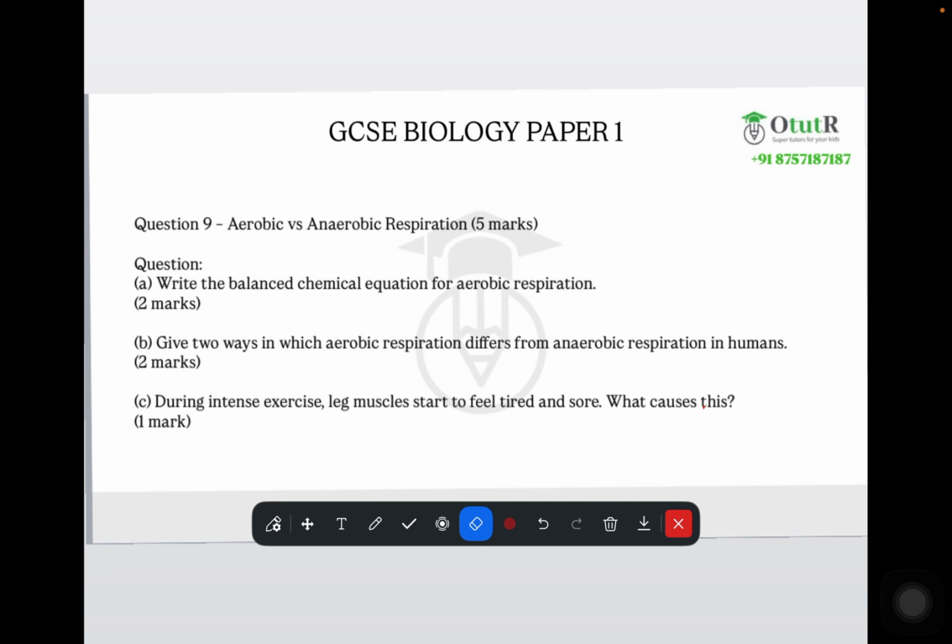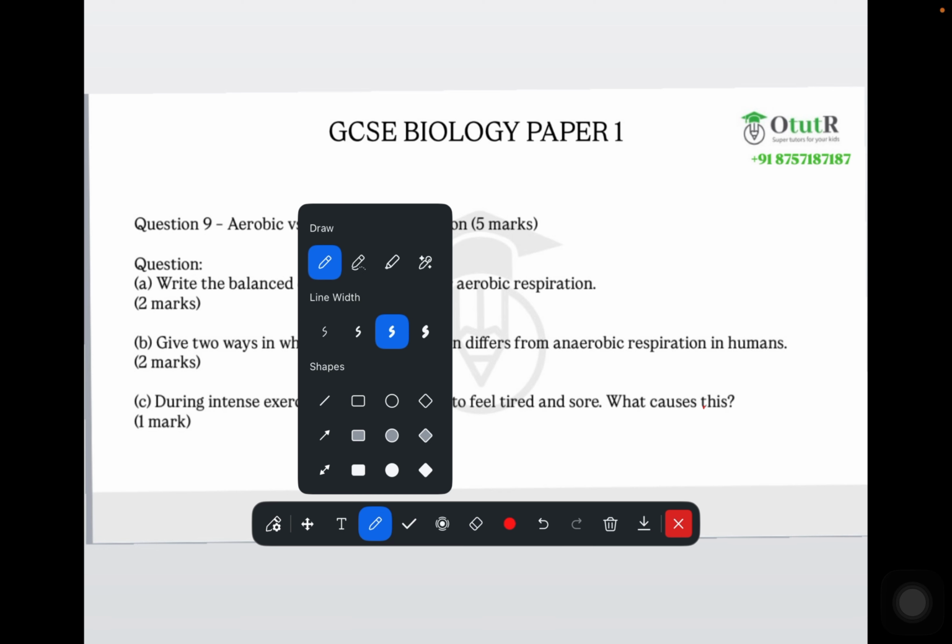B. Give 2 ways in which aerobic respiration differs from anaerobic respiration in humans. You can say any 2 points about it. Aerobic respiration requires oxygen, anaerobic doesn't. Aerobic produces around 36 to 38 ATPs, and anaerobic produces 2 ATP.